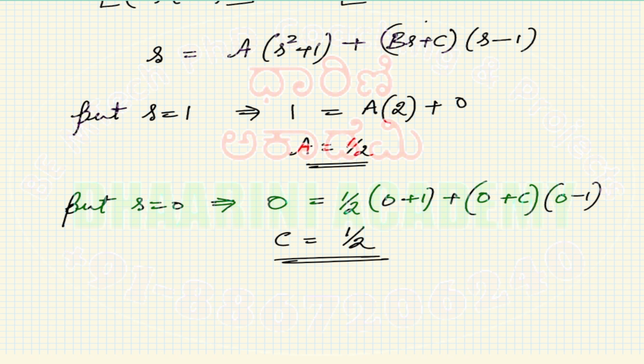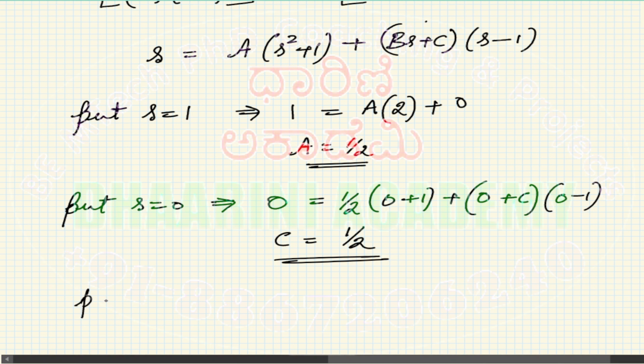So left hand side becomes 2, is equal to A value we know, half of 2 squared plus 1, plus B as it is, s is equal to 2, plus C value is also half into s minus 1, again that is 2 minus 1, which is 1. You're going to put s equal to 2.